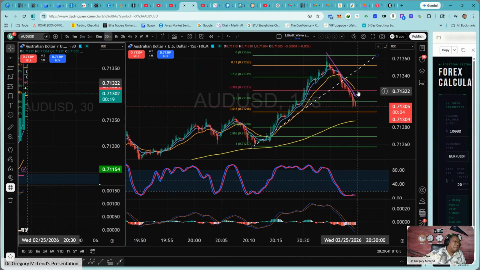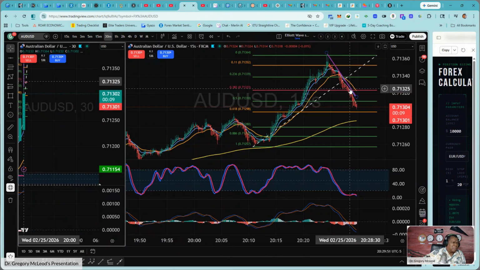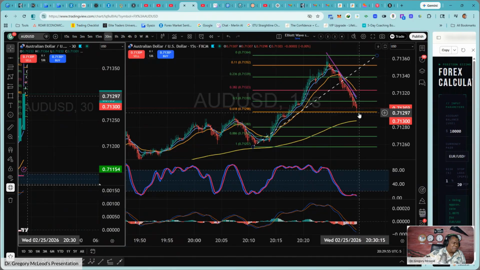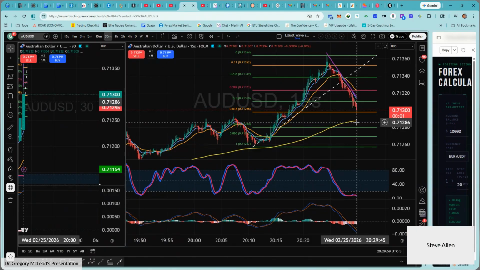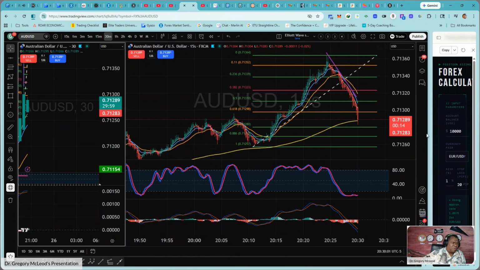I mean, usually the higher the retrace, the stronger the move is, because you got traders who are interested in the discount, but they're not interested in this. They're not interested. Looks like we just hit the 618. Right. Oh, we pushed right through it.